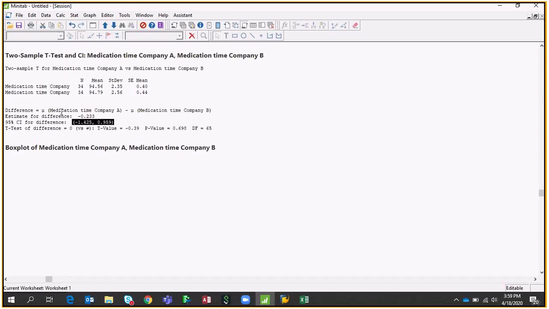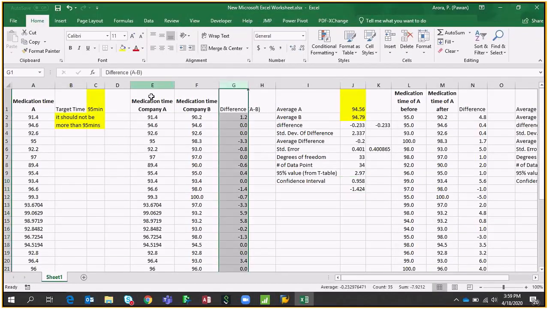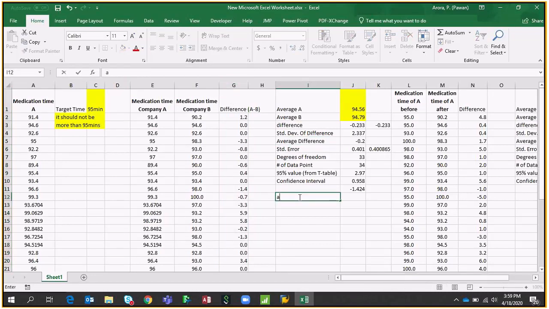So it is coming from the difference column. It is not coming from here, because you have to take the difference, and then you are checking whether this difference, A minus B, is equal to 0 or not. Null hypothesis means they are 0, and alternative hypothesis means they are not equal to 0.